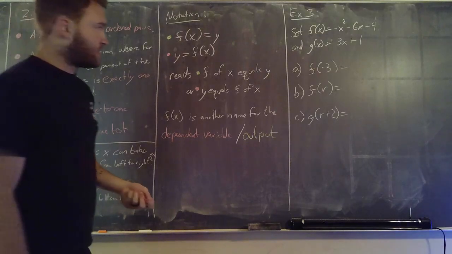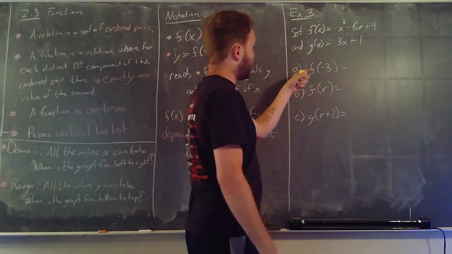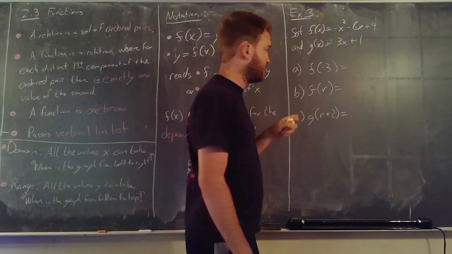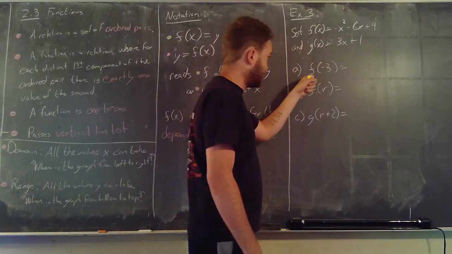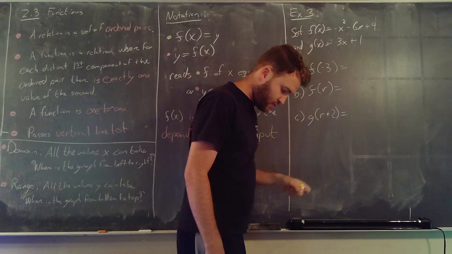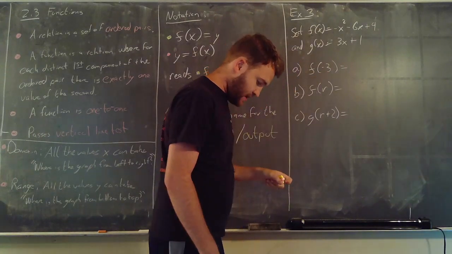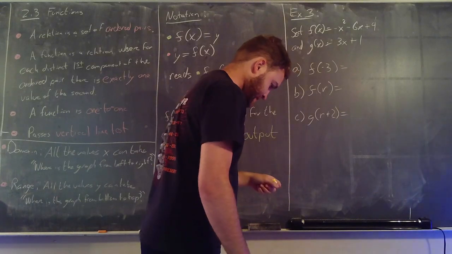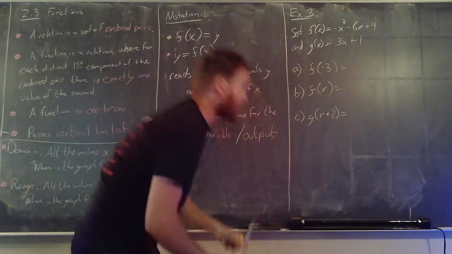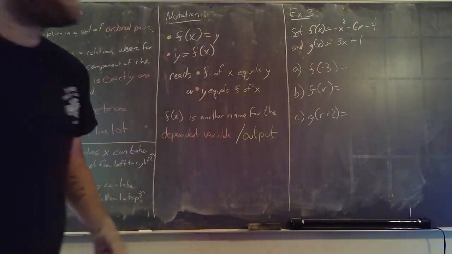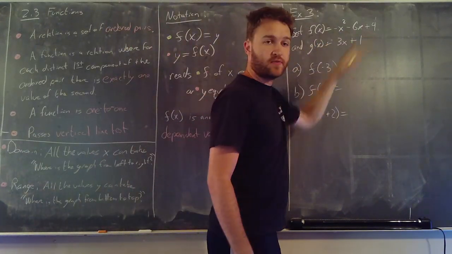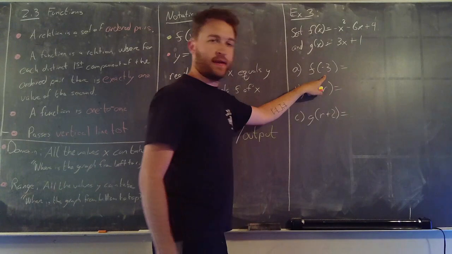Furthermore, what this allows us to do is construct sets of instructions using this function notation. So problem A says, what is f of negative 3? Well, f of negative 3 is a statement telling us to take the function f, which is this one, negative x squared minus 6x plus 4, and to plug in negative 3.